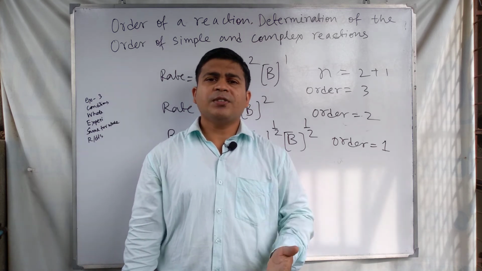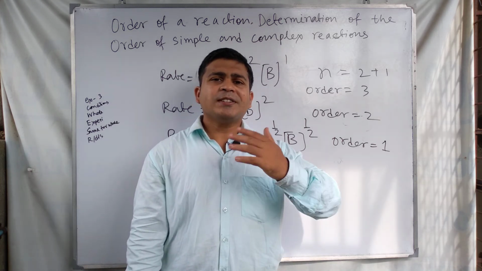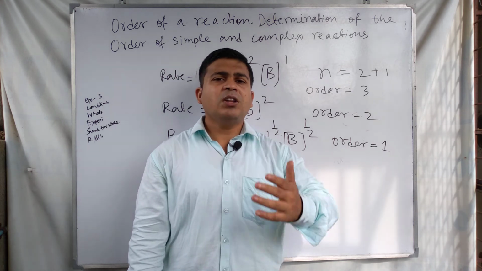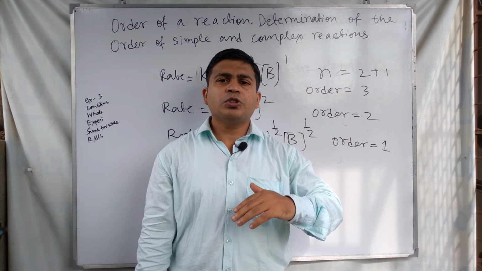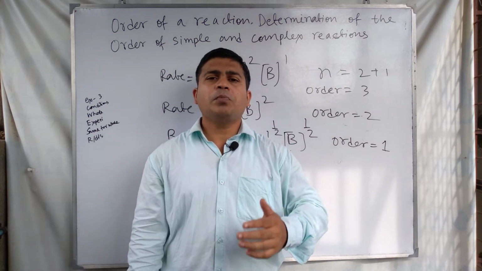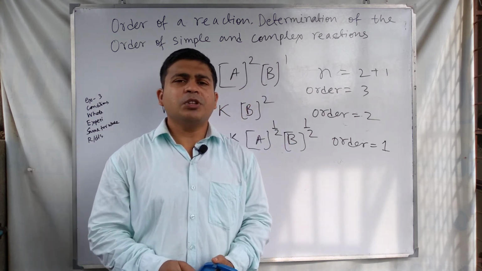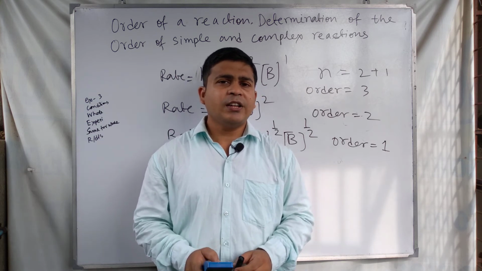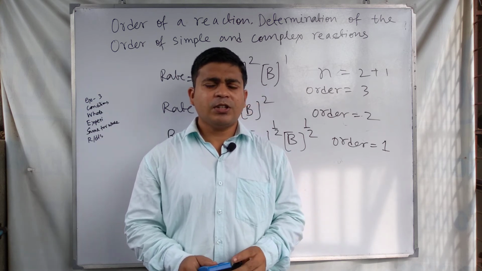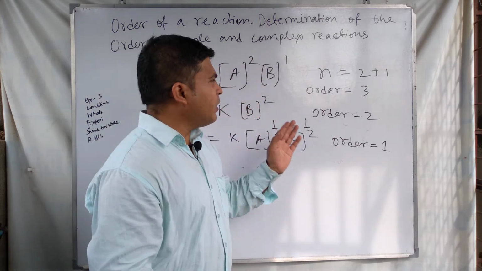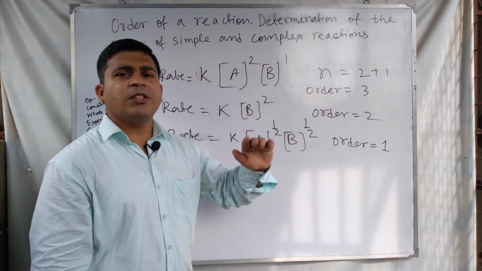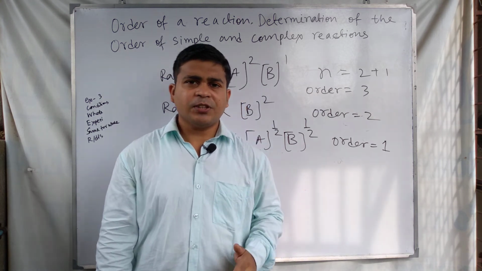For a complex reaction, when the reaction takes place in multiple steps, the slowest step of the reaction is called the RDS, the rate determining step. The rate equation is determined in this slowest step.